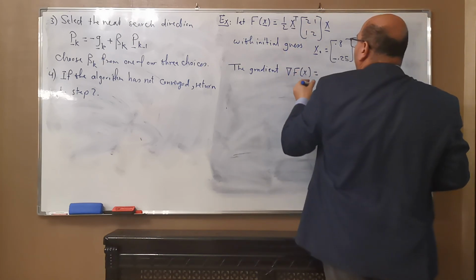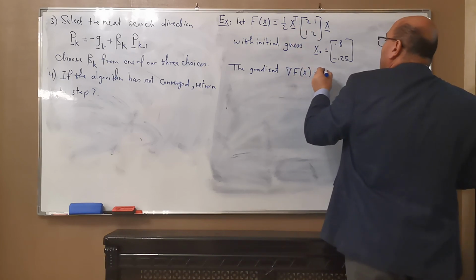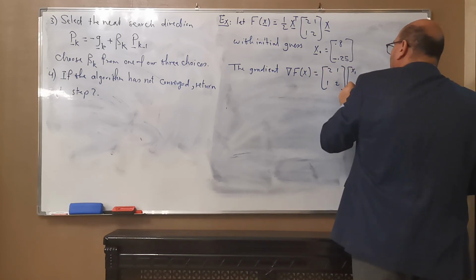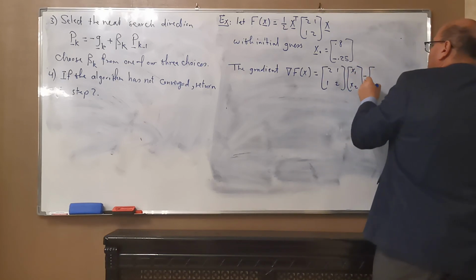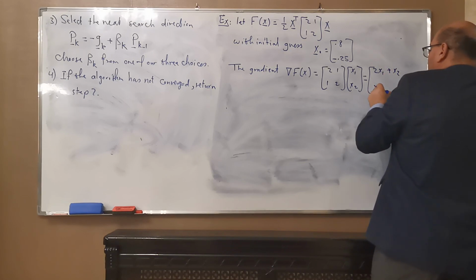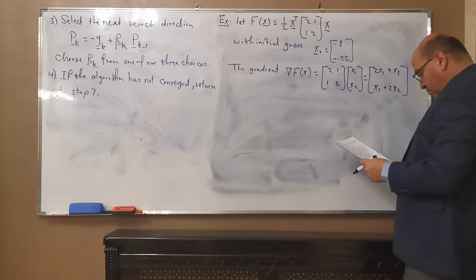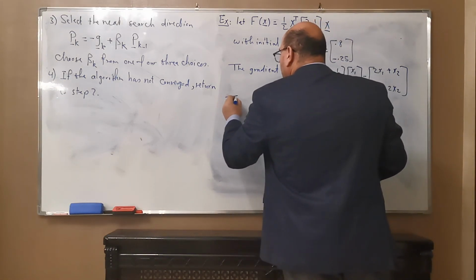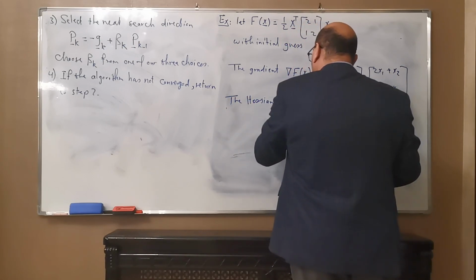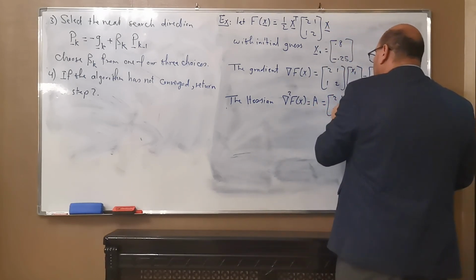Because it's symmetric, its derivative is 2Ax, so it is equal to 2, 1, 1, 2 times x1, x2, and this equals 2x1 plus x2, and x1 plus 2x2. So this is our gradient, and the Hessian equals A equals 2, 1, 1, 2.